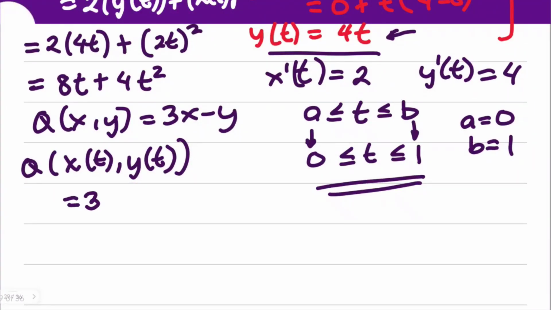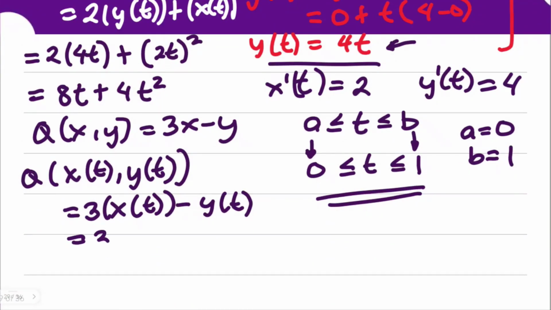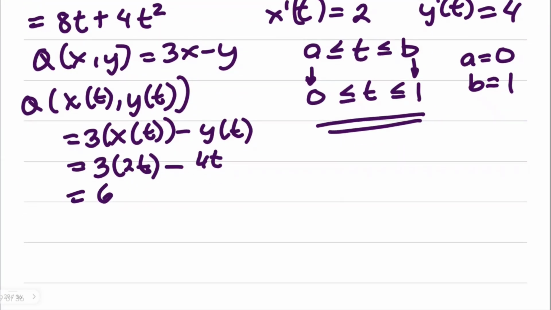This is 3 of x of t minus y of t. Again, our x of t is 2t. That's actually 3 times 2t minus your y of t, which is 4t. Simplifying that, 6t minus 4t, this is equivalent to 2t. That is the equivalent form of this expression.